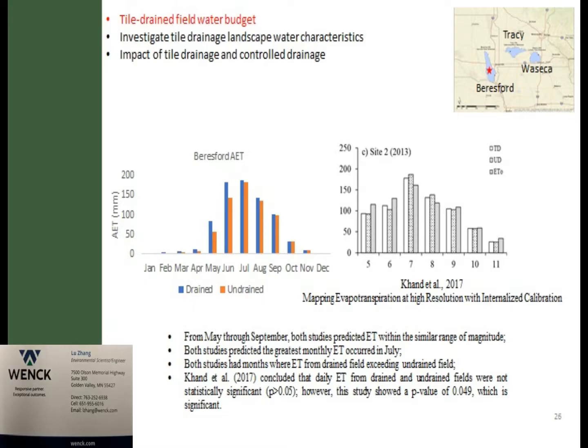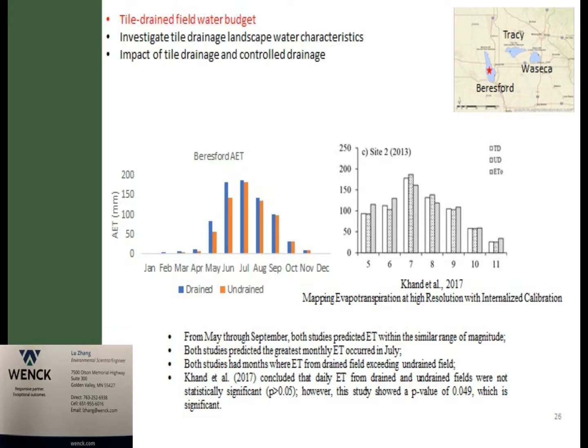There are bullet points that I'm summarizing, comparing the two studies. From May through September, both studies predicted ET values within a similar range of magnitude. My axis goes from 0 to 200, this goes from 0 to 250, but I lined them up at 200 a little bit closer.